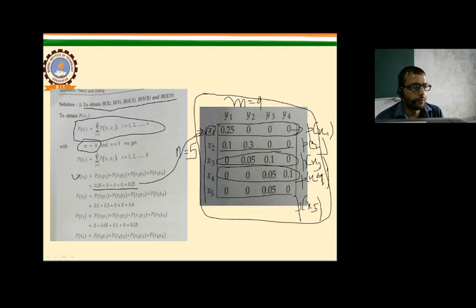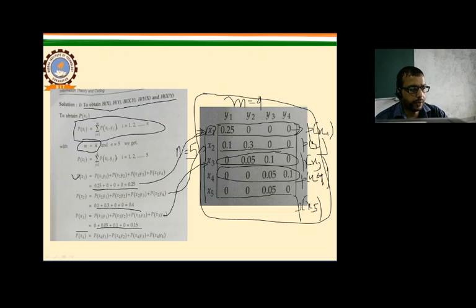Similarly, for p(x2) we see this row, with elements 0, 0.1, 0.3, 0, 0, that is we get 0.4. After that, for p(x3), here we can see this one, the values are 0, 0.05, 0.01, and we get 0.15.